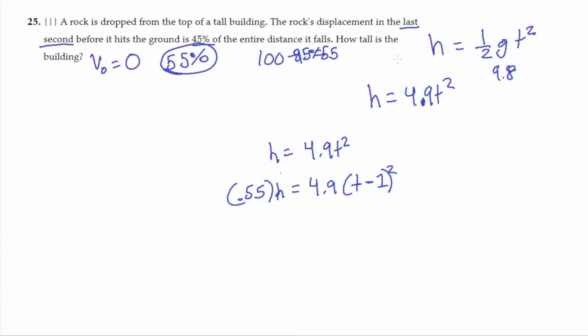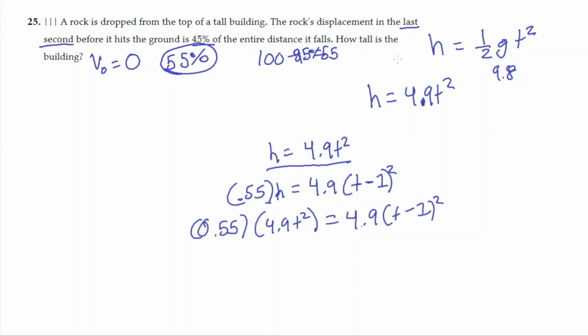We also don't want two variables in here because we want to solve for t. How can we replace h? We have this original equation here, so we can just replace h with 4.9 t squared. So if we rewrite it, it's going to be 0.55 times 4.9 t squared is equal to 4.9 times (t minus 1) squared. And now we're going to start multiplying stuff out. The left side is going to be 2.695 t squared.